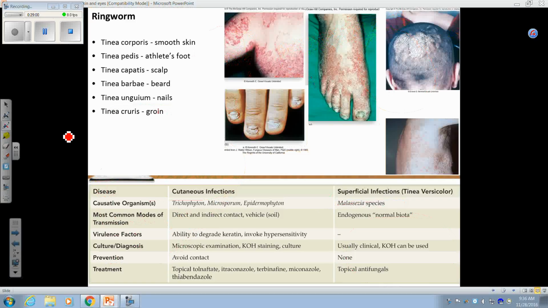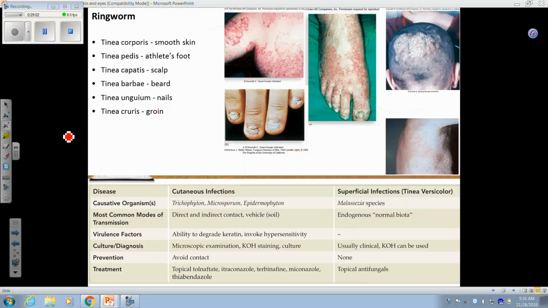Another eukaryotic infection of the skin, the ringworm, is neither ring nor worm. It's a fungus. You can see a number of manifestations in these pictures, okay?